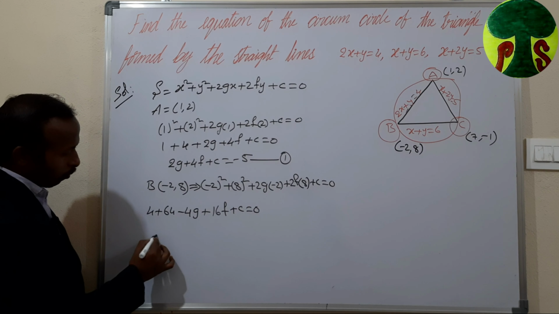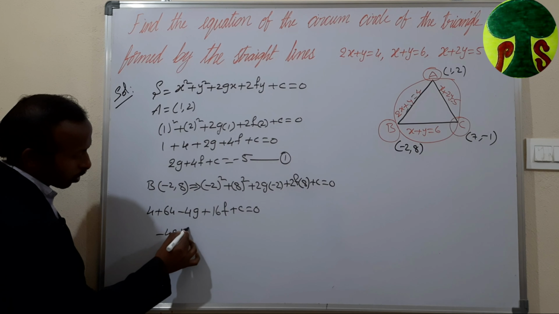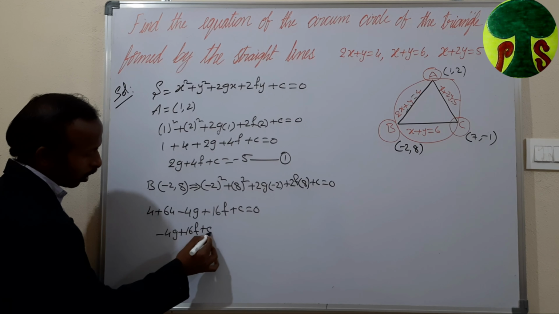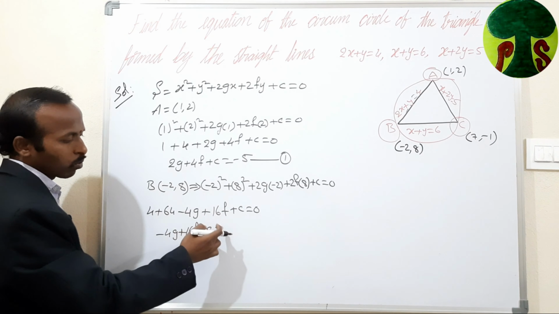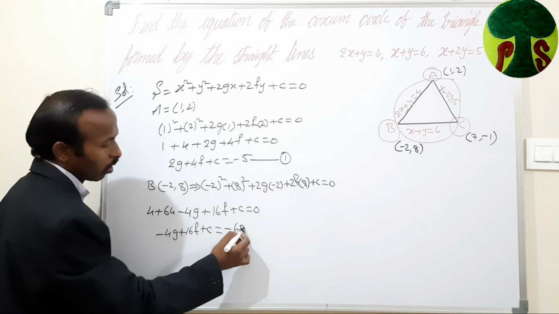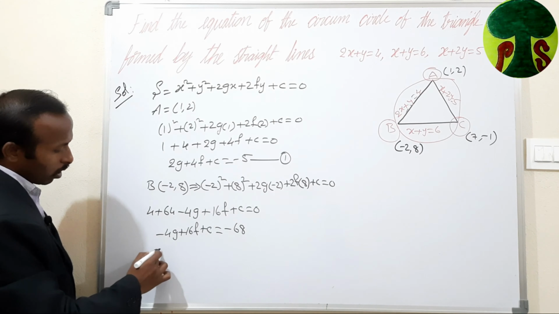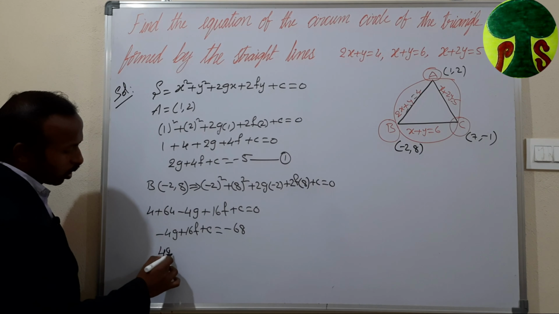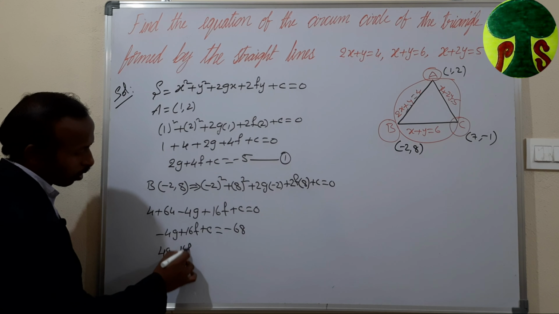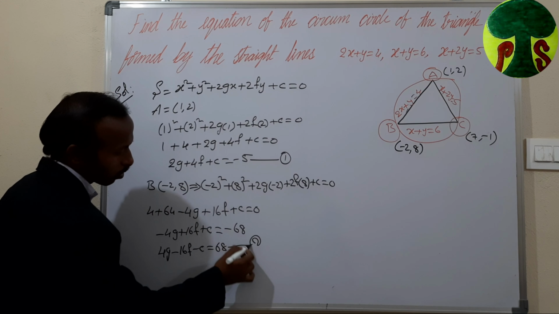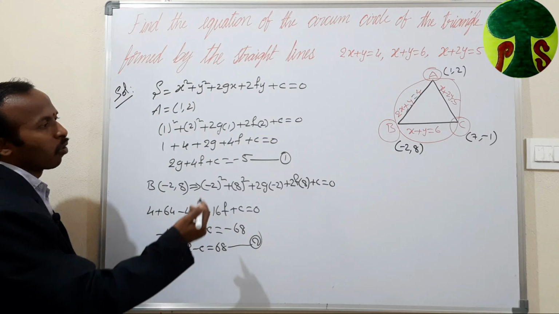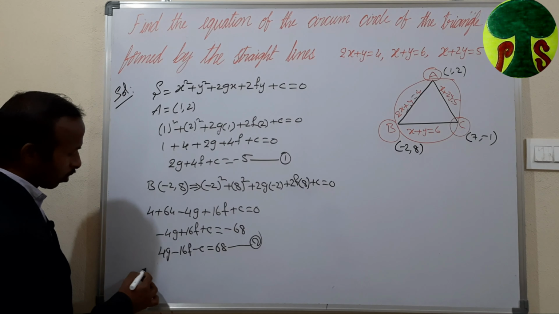Now minus 4g plus 16f plus c equal to 64 plus 4 is 68. So it comes to the right hand side, minus 68. Now take the minus common, hence it is 4g minus 16f minus c equal to 68.